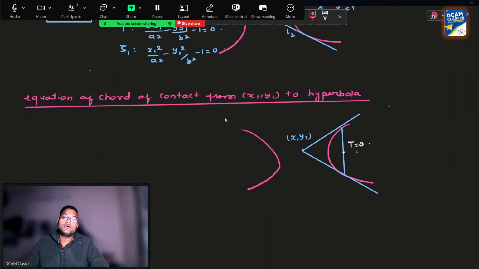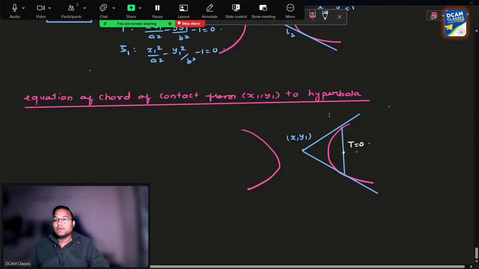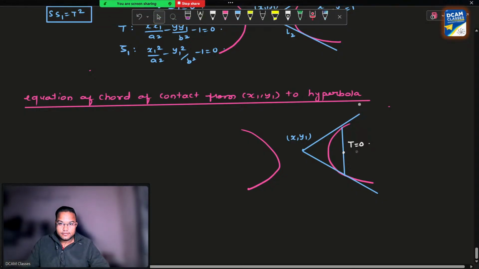See the equation of chord of contact from x1 y1 to the hyperbola. I'm not able to hear your voice. Are you able to hear me?